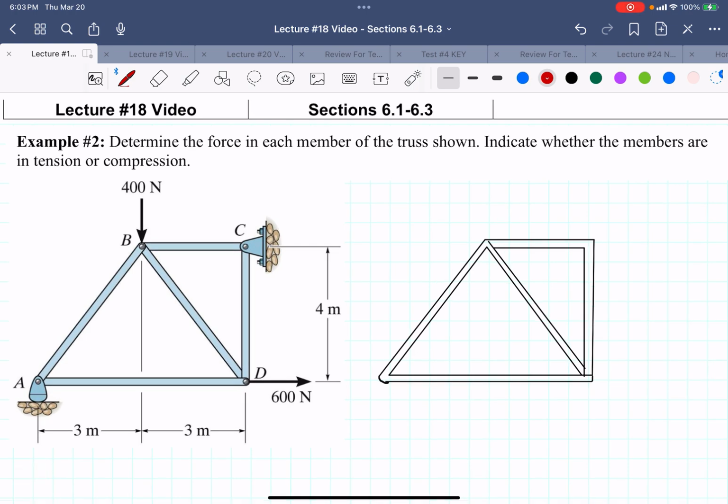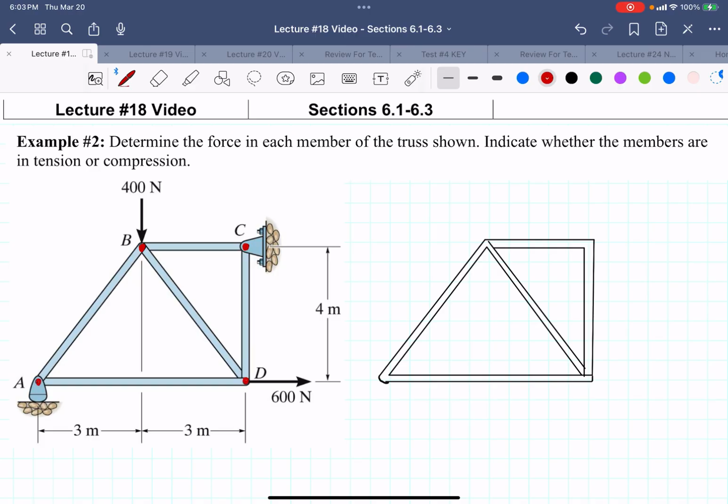Now you notice looking at this, at all of the joints, I either have an external force, like here at D, or I have support reactions, like at C. At B, I have an external force, and at A, I'm going to have a support reaction.